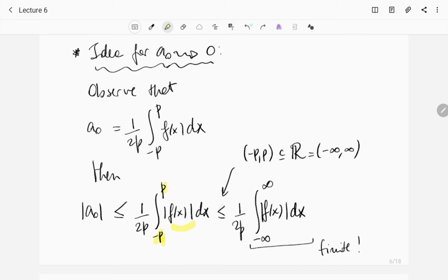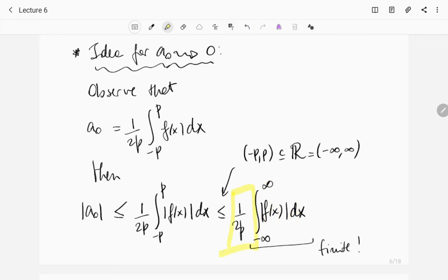The integral of a positive function over this interval, from minus p to p, is for sure less than or equal to the integral of the same function over the whole line, from minus infinity to infinity. By hypothesis we know that this is finite, so it is just a constant that doesn't depend on p anymore.